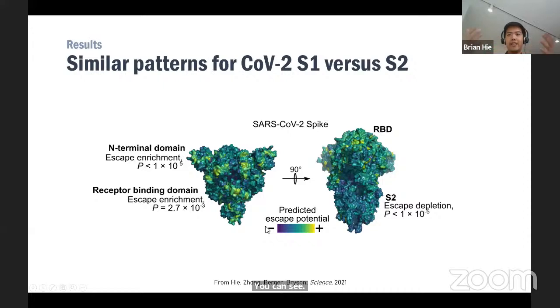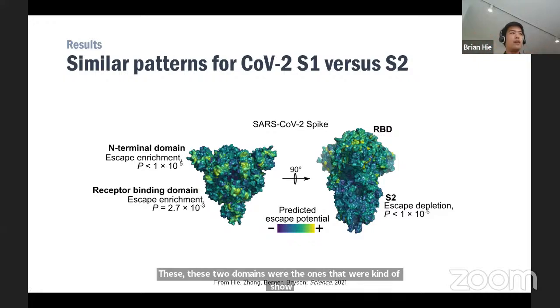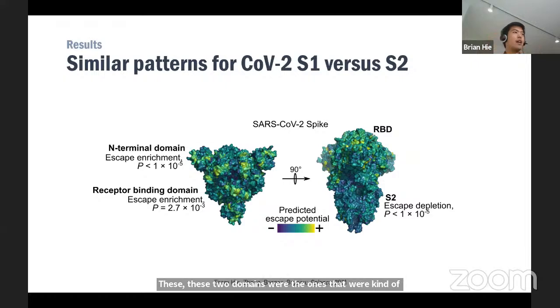And when we made these predictions in, I guess, July 2020, it was heartening to see that in vitro models, these two domains were the ones showing up for escape mutations, in particular the NTD deletions and loop insertions in the NTD are highly suggestive of escape from antibody.